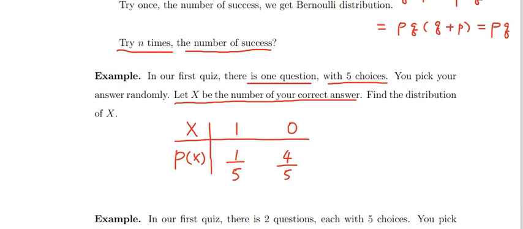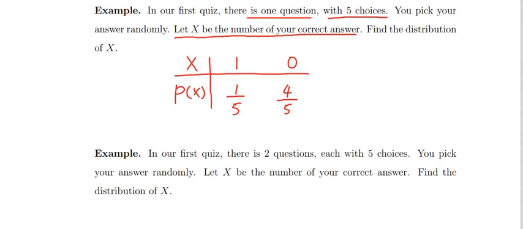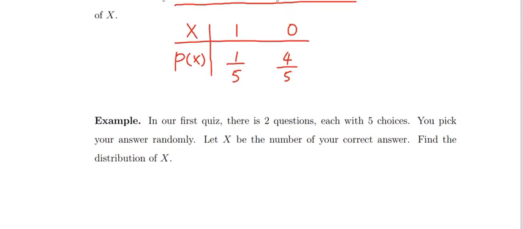Okay, so this is easy. Now let's increase the number of questions. How about 2 questions? Each one has 5 choices, A, B, C, D, E, A, B, C, D, E. We let x be the same thing: the number of your correct answers.